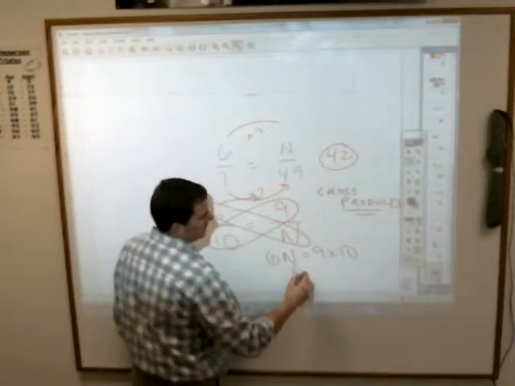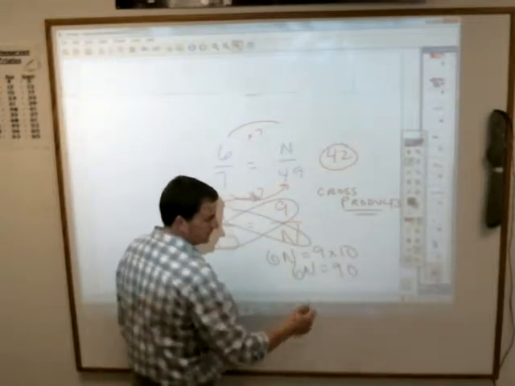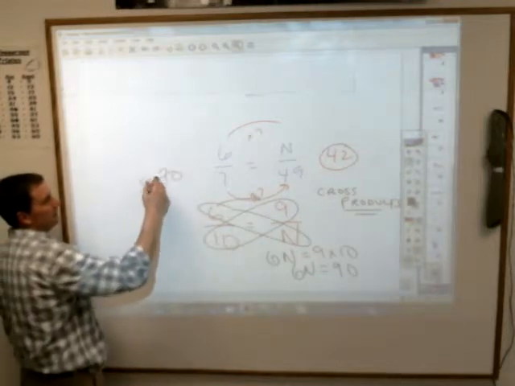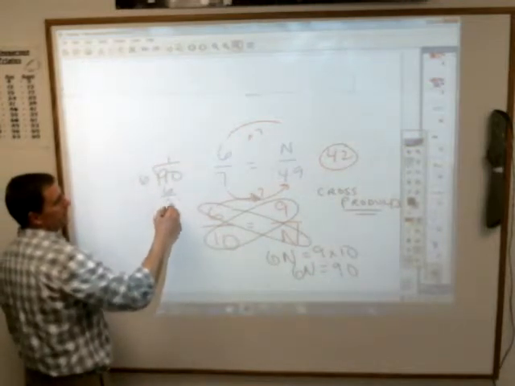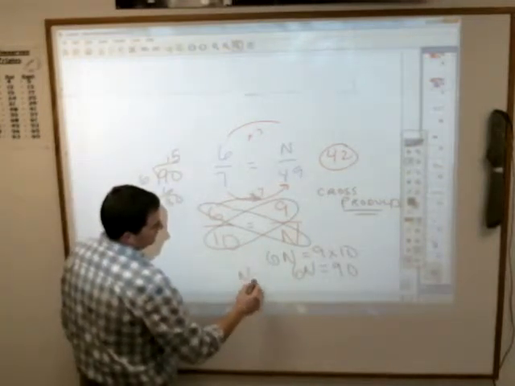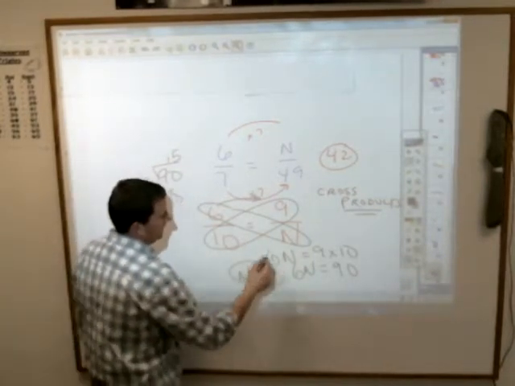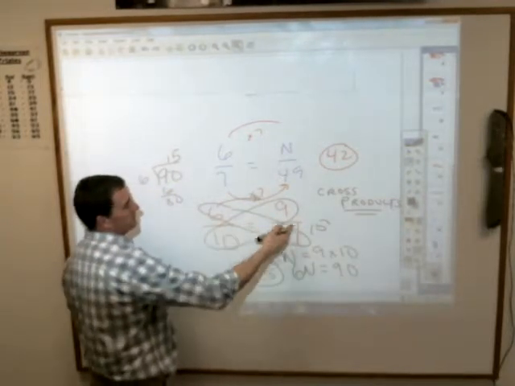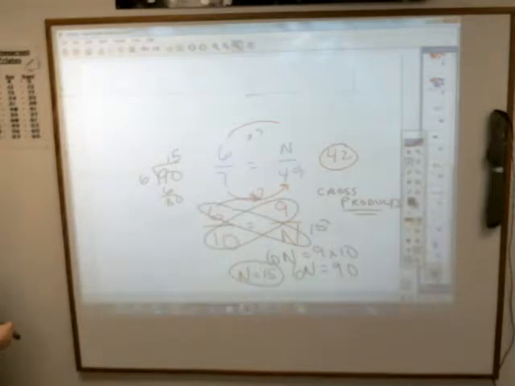Which means 6 times what number gives you 90. How would you figure the answer to that? You would take 90 and divide it by 6. You are going to get 15. This number here has to be 15 because it has to add up to the same thing when multiplied together. The multiplied together gives you the other diagonal.